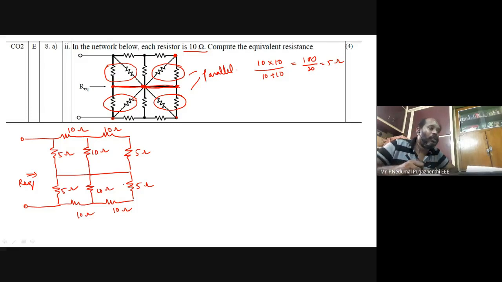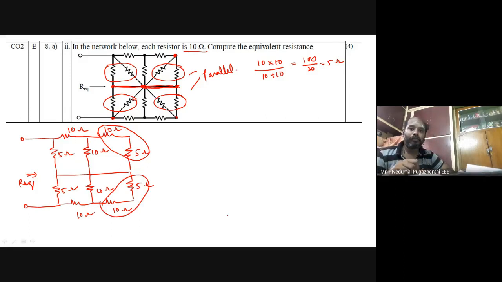How about these two? How are they connected? What is the type of connection? Exactly, they are in series. These two are in series. So I will get 10 plus 5, which is equal to 15 ohms.